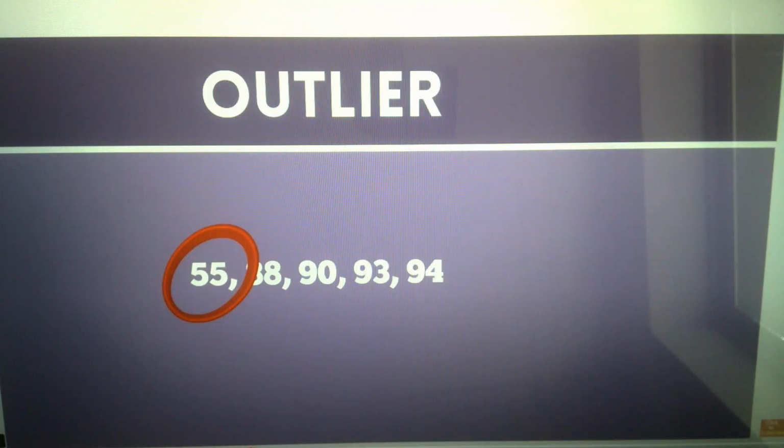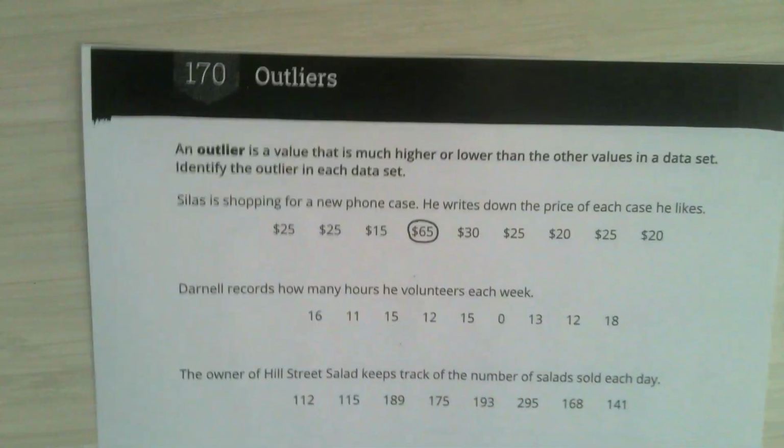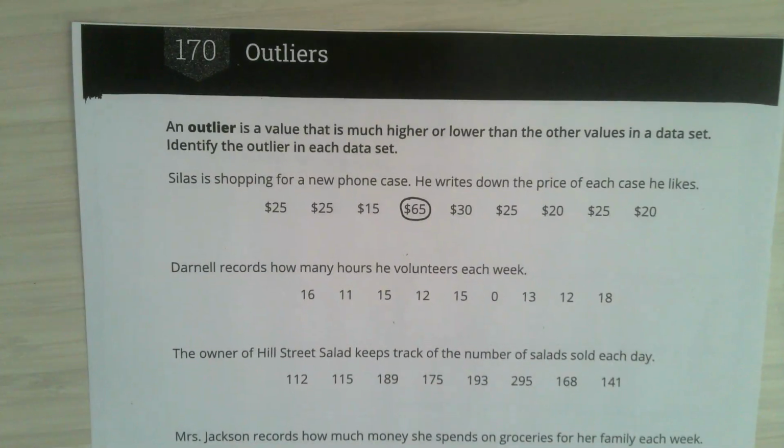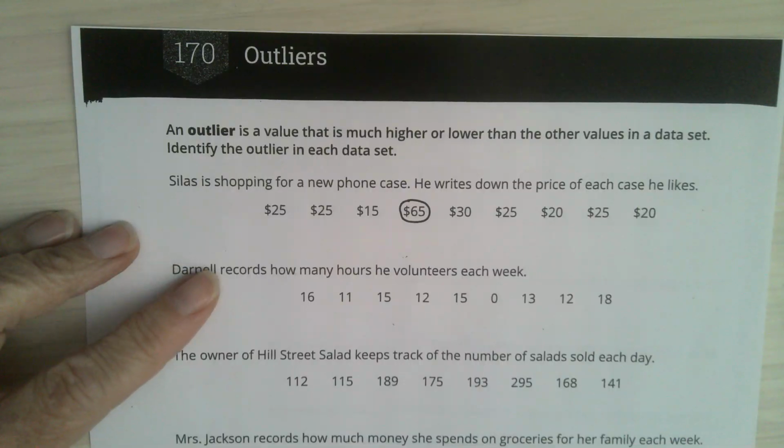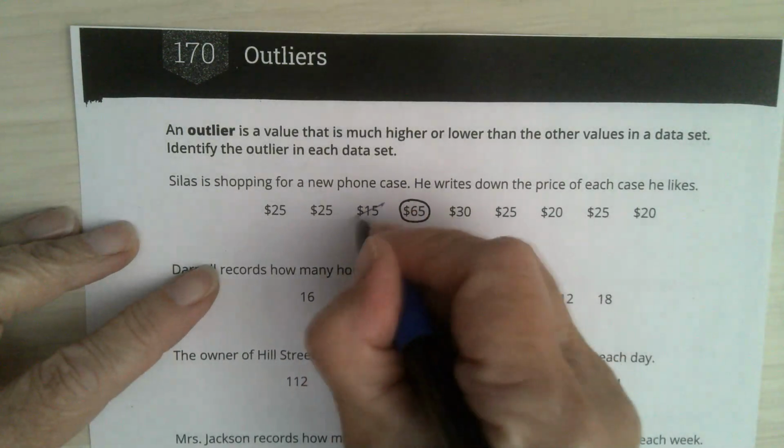Now I'm going to give you a worksheet, and we are going to practice finding outliers on this paper. The first thing you're going to do is put the numbers in order from little to big. On this problem, our smallest number is 15.